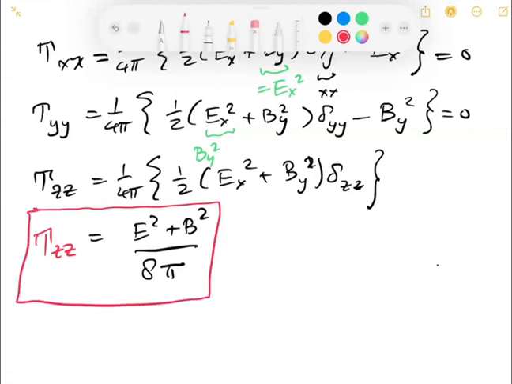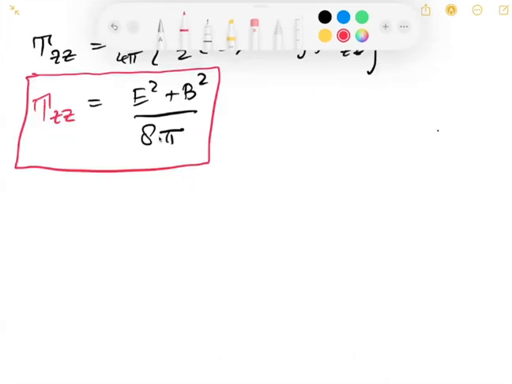Obviously, if this were a wave that would travel in the x direction, this would be the Maxwell stress tensor xx component. That will be E squared plus B squared over 8 pi. Let's say we have that wave. So we have some kind of a wave. And let's say we call this the z direction. We have an E field. Actually, might as well use different colors.